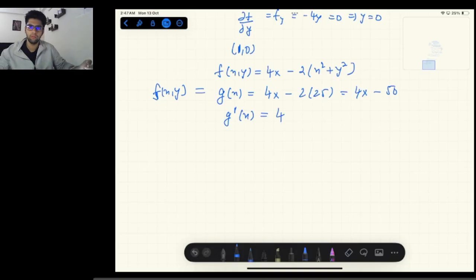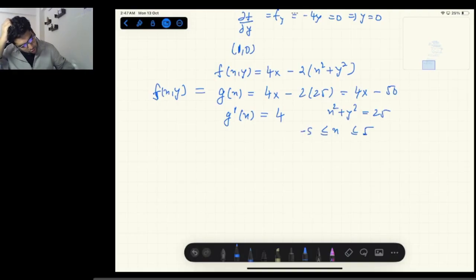If I find the derivative of g(x) with respect to x, the derivative is 4, and a positive derivative says that g is an increasing function. So g will give me the maximum value when I put in the highest value of x, subject to my constraint x² + y² = 25. The maximum value that x can attain is such that x lies between -5 and 5.